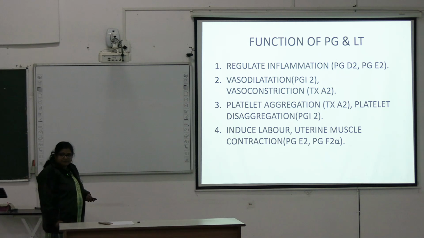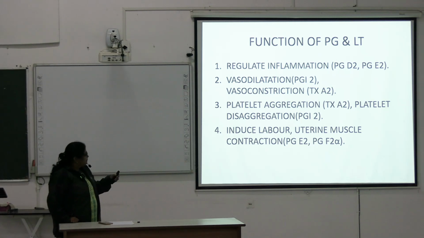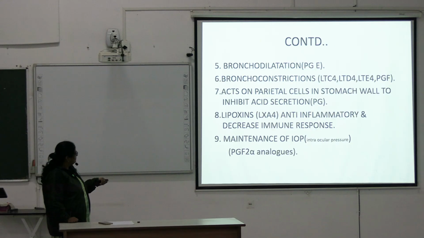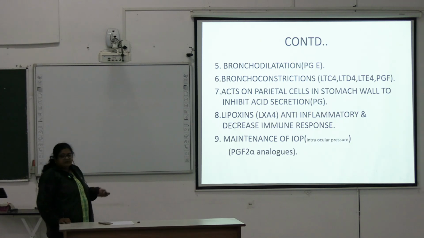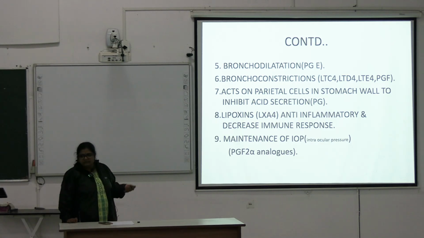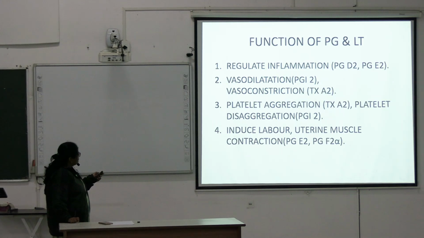What are the functions of prostaglandins? You have to write these 8 or 9. These are the most important functions, and you can see them used in day-to-day life in patient care service. Okay, they regulate inflammation.